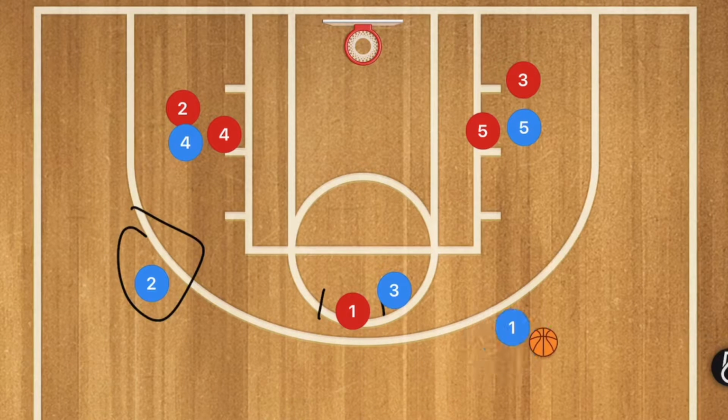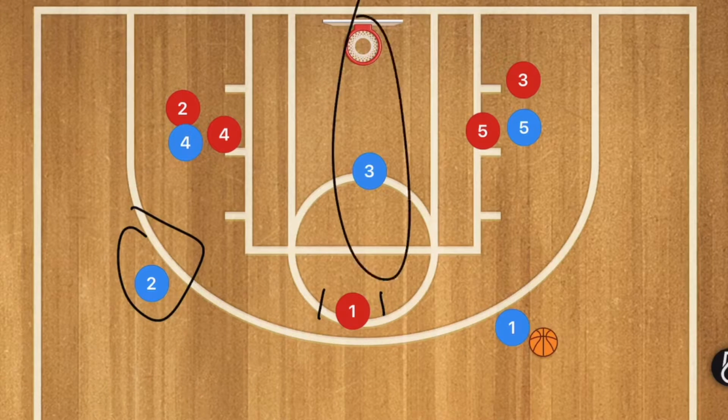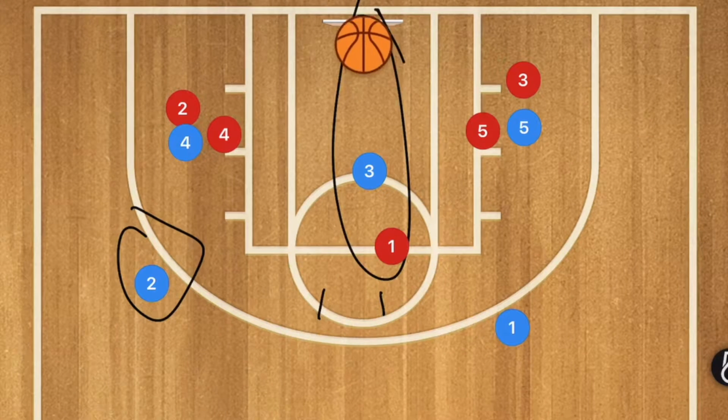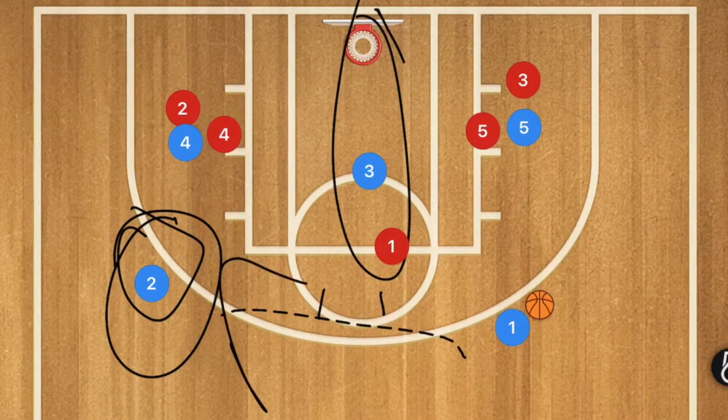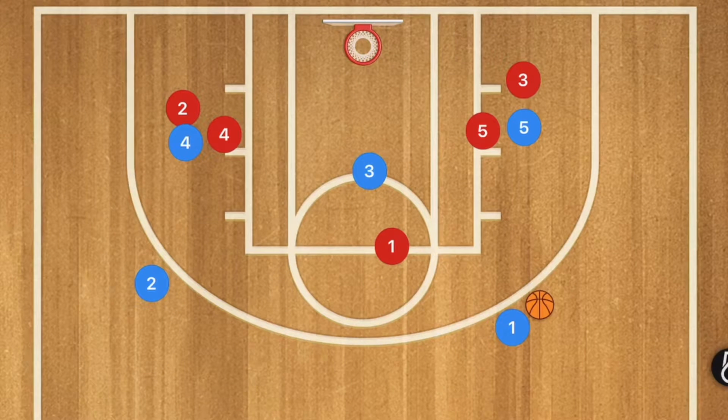That means player 1 is going to use that player as a screen. Player 3 is going to roll towards the basket, and we may have an open player going down the middle of the key. If not, we might have an open three-point shot for player 1 as well. Or player 2 may be open for the skip pass over for the three-point shot too.